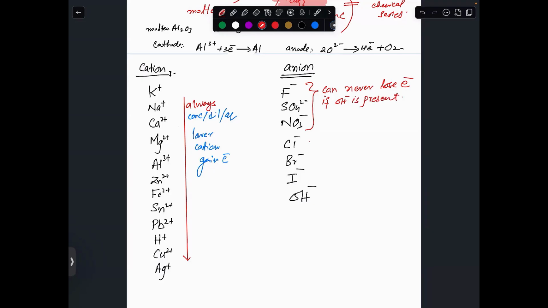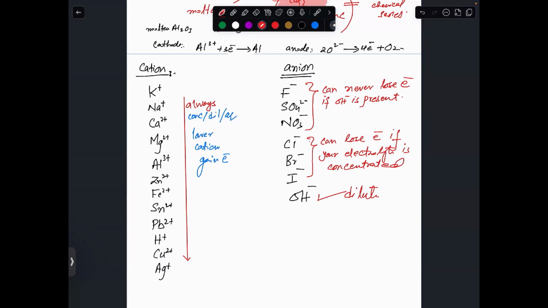But these three can lose electron if your electrolyte is concentrated. And this is always in dilute.